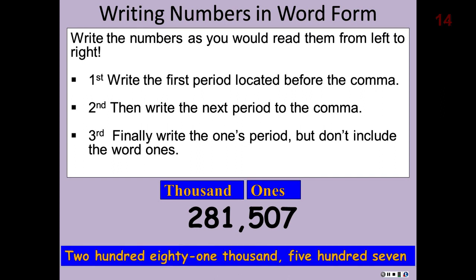Okay, now notice eighty has a dash because we have a one. We have a comma after thousand. And we didn't even worry about the tens place because there's nothing there. We just said five hundred seven. Any questions on that one? With the 0? No? Okay.